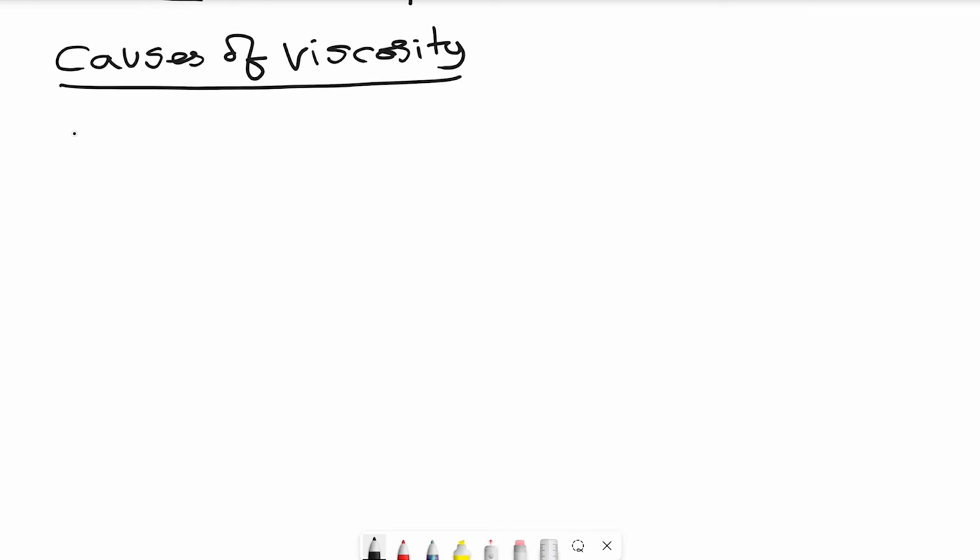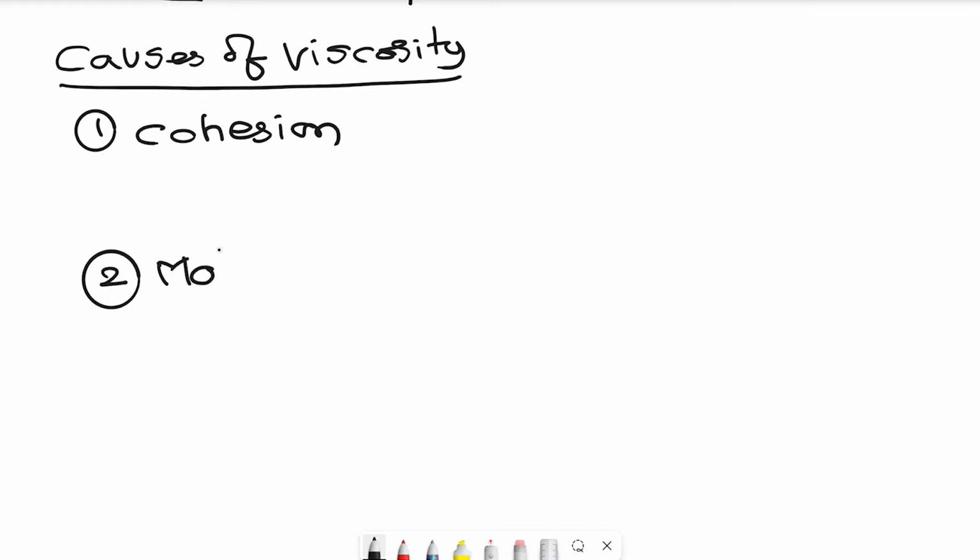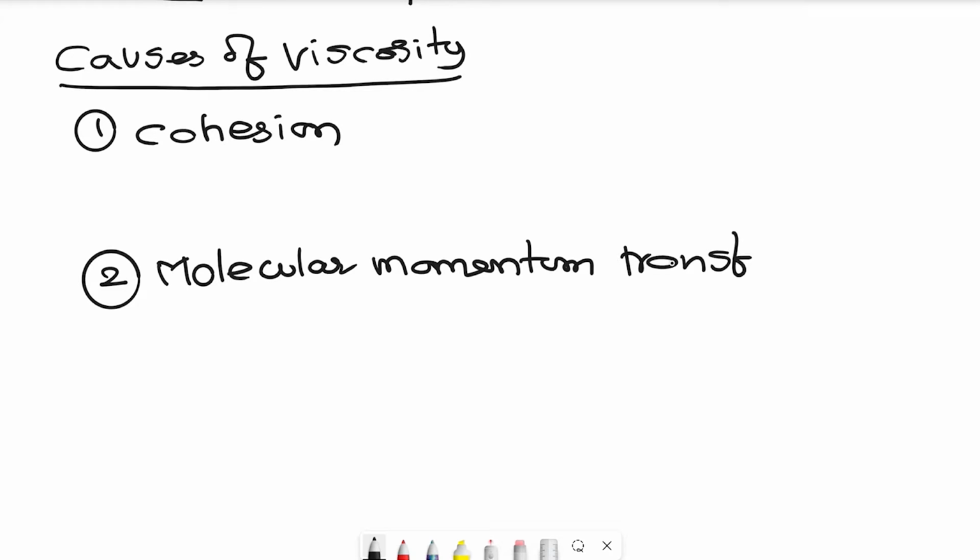So now, coming to what are the causes of viscosity? The causes of viscosity are two. Number one is cohesion. Number two is molecular momentum transfer. So what is cohesion?